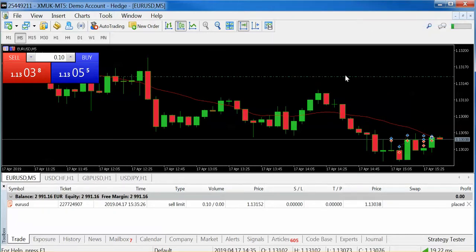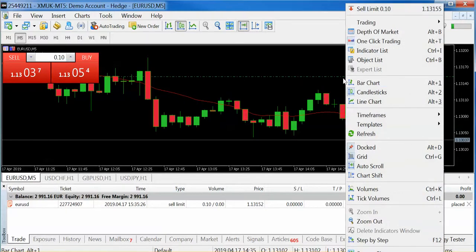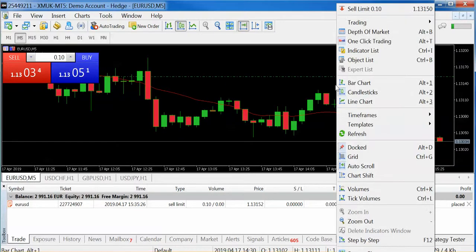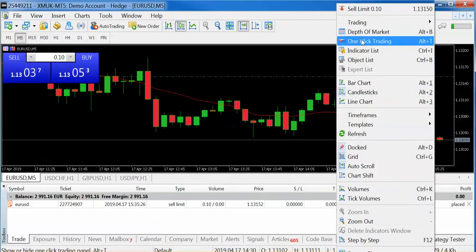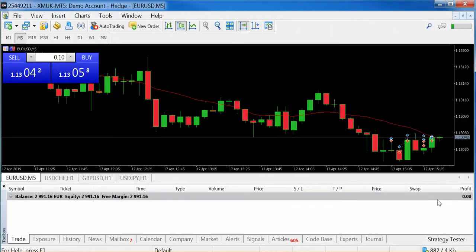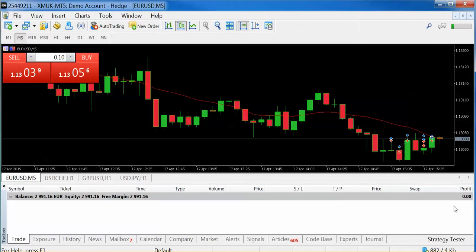Right, well, sorry, let's just remove that. Should be able to remove that trade. Okay, let's just close that there with the X. Always quicker to just do the X and close.